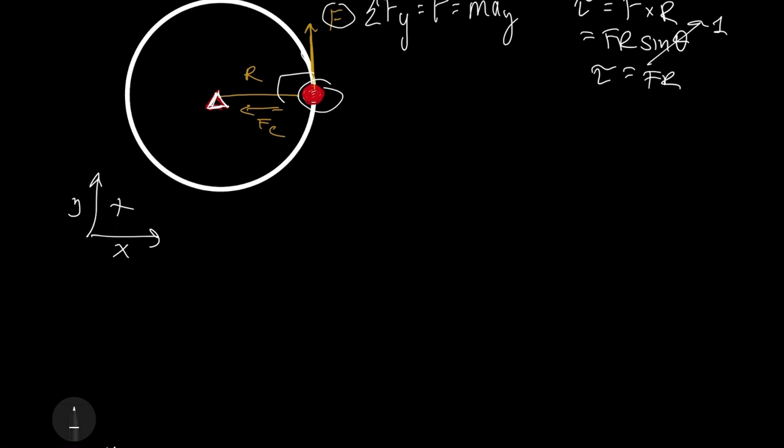Now we're going to try and combine these equations. So our next step is just going to be rewriting these in a way that they can be connected. So torque right here is going to be describing the rotational motion of this red ball right here. But the sigma F statement is going to be describing the linear motion at a certain point in time.